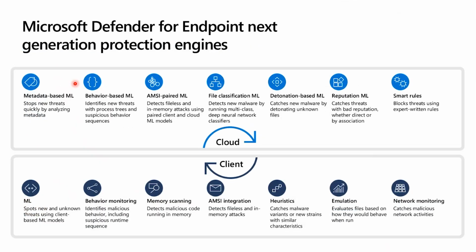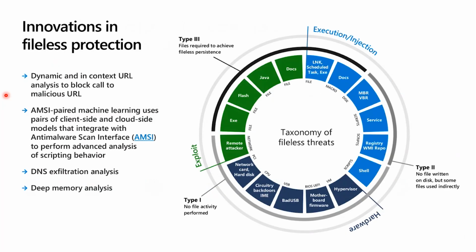Now, this is where we look at what they call next generation protection engines. This is where we see where some of the protection mechanisms come from or how the protection behaves. So we call it fileless protection. Typically when we're talking about fileless, we mean a URL where we're trying to access a website and the website would contain malicious code.